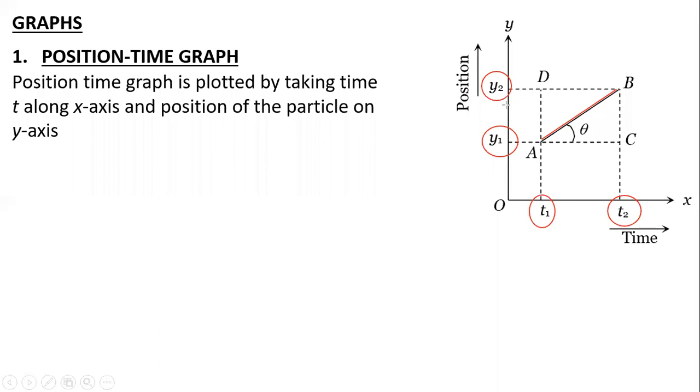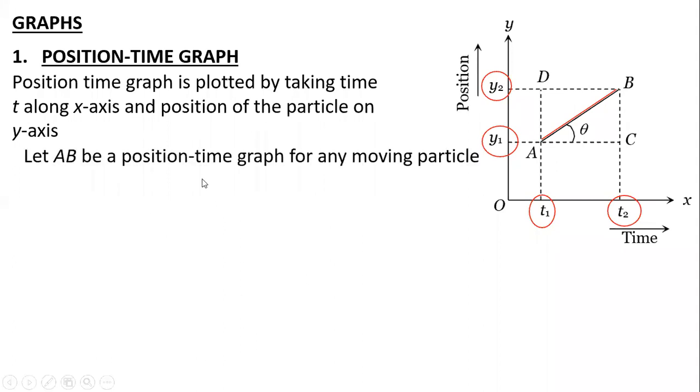Suppose that path is defined by a straight line making a certain angle with the positive direction of the x-axis, and I just assumed some alphabets to represent that line. If AB is the position time graph for a moving particle, then this graph will give you the velocity.